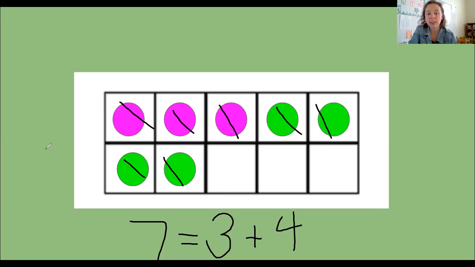Okay, so 7 equals 3 plus 4. That's one way to make 7. But on the other side, we had a whole other way to make 7. 2 different numbers can both equal 7. Because we've talked about number pairs of 5, and today we're talking about number pairs of 6 and 7. Different numbers that add together to make the same answer.